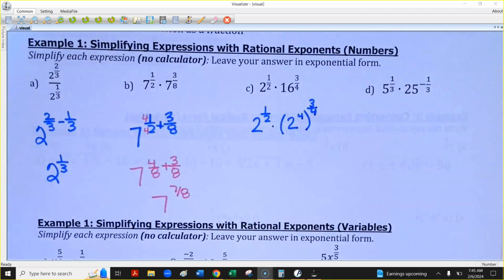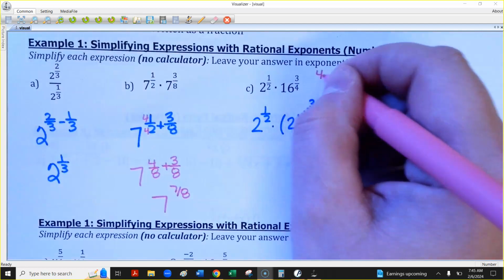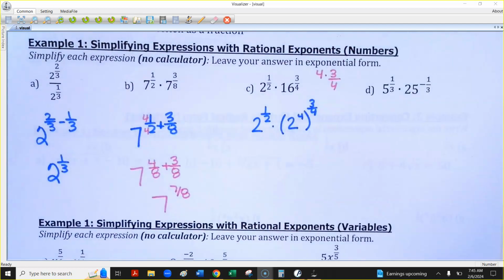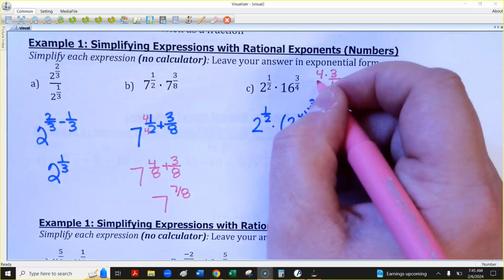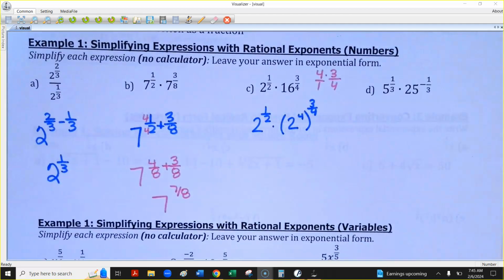So on that second term there, I have a power to a power. I have 2 to the 4th, to the 3/4. In that case, if you have a power to a power, you're going to multiply those exponents. I'm going to just write it up here to the side. So I'm going to take 4 times 3/4. Power to a power. I would just write the 4 over 1. If you are multiplying fractions, you do not need a common denominator.